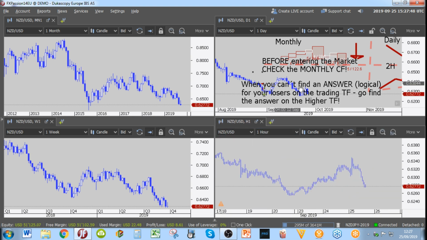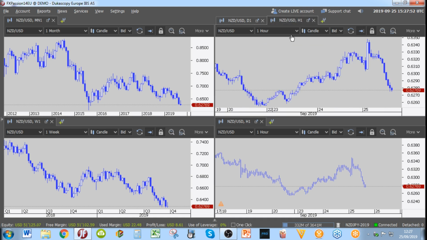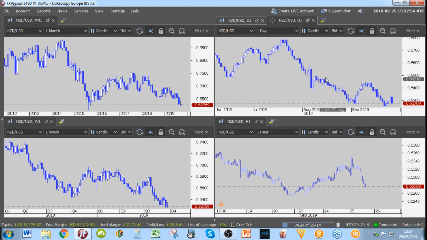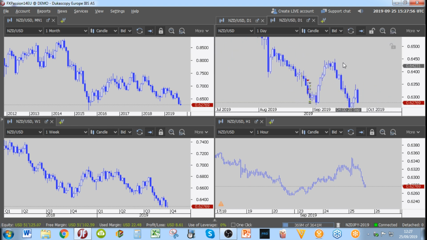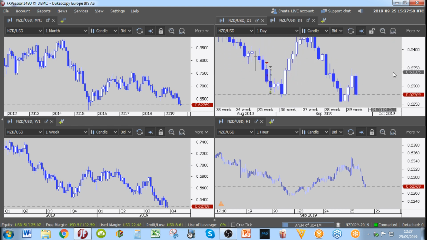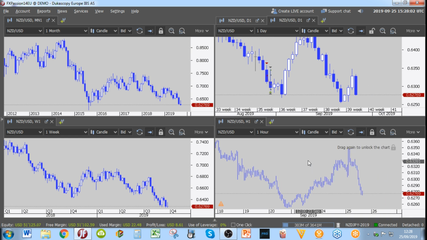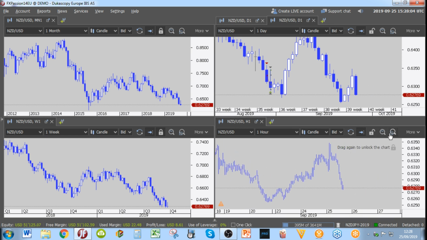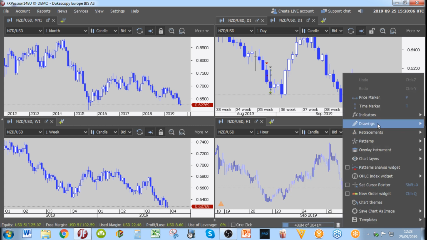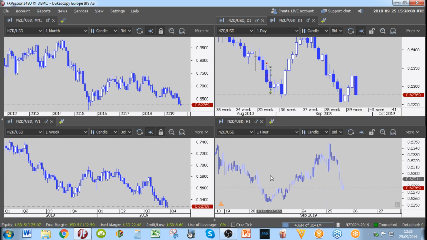Open a new one on the daily. Daily, there you go. Upper right corner, the daily chart, and the 1-hour chart in here. And he also asked about NZDUSD, or did you ask about a different currency pair? I think it's NZDUSD.